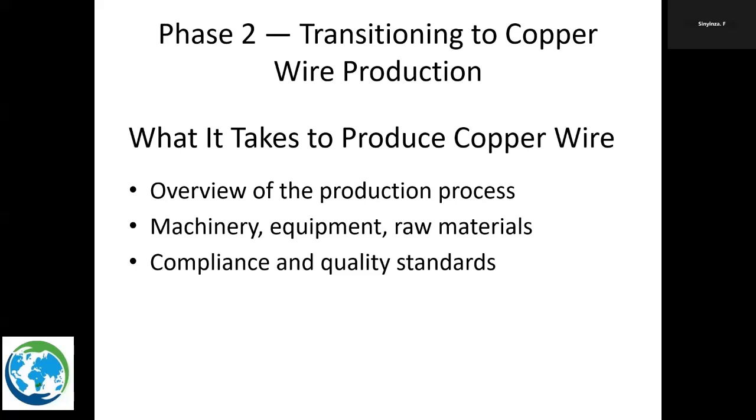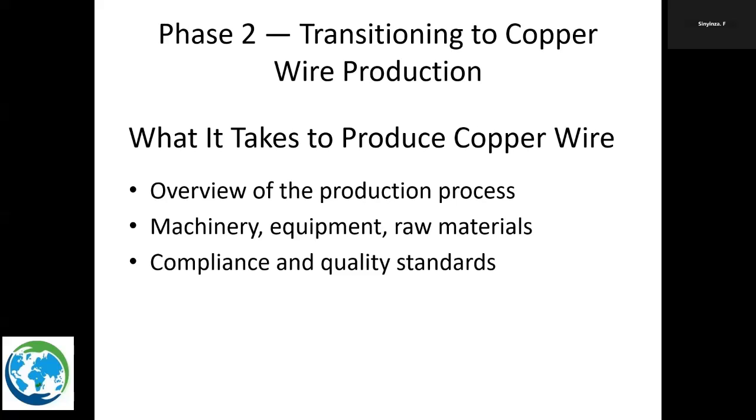Machinery, or rather, before I go to the machinery, it depends. Do we want to start by producing copper rod, that is from the copper cathode to the copper rod, and then we take it down to the other processes? Or do we want to purchase copper rod and process it further?